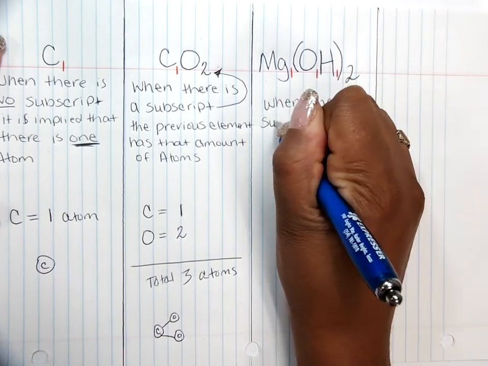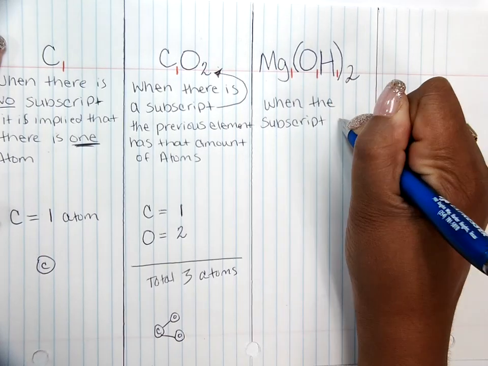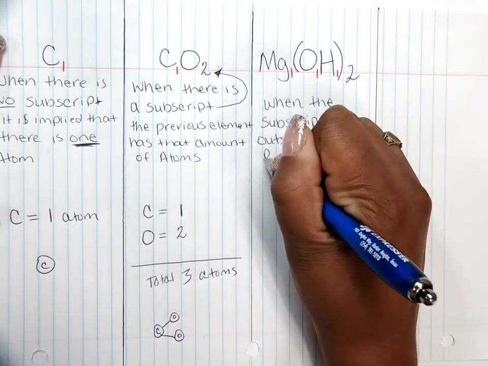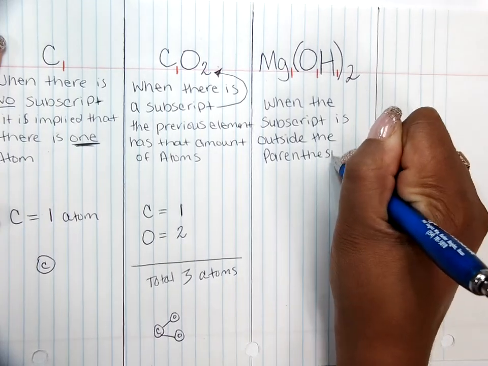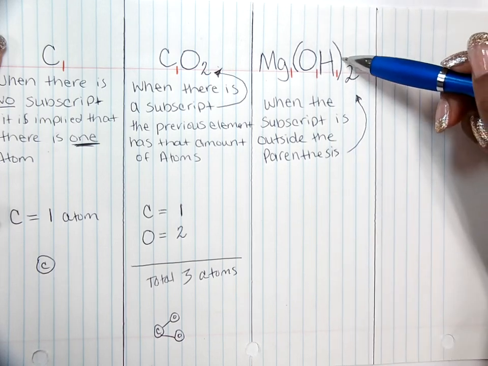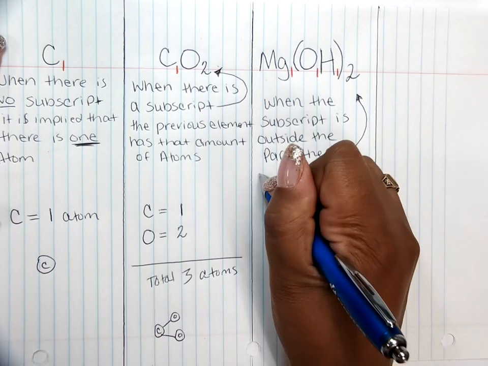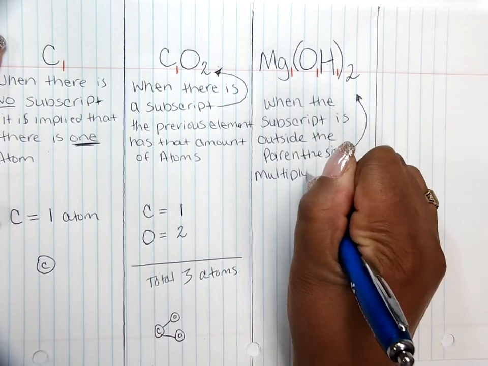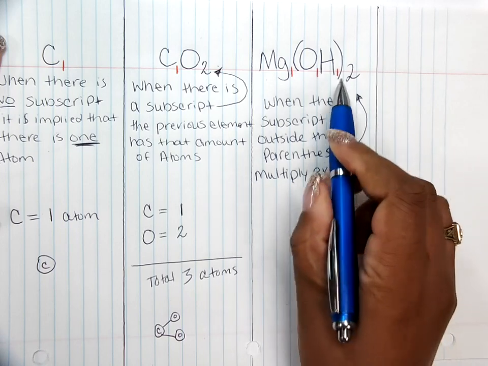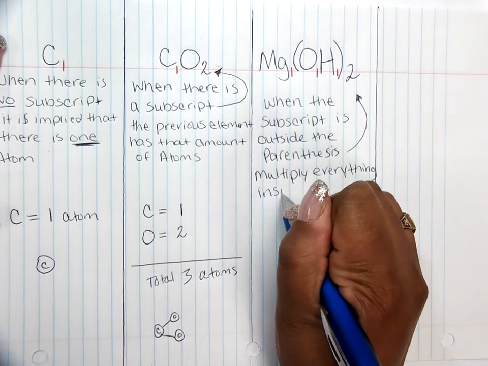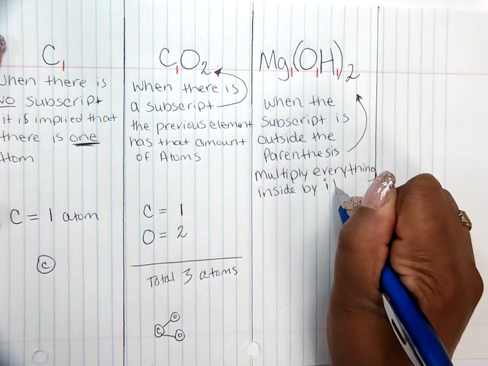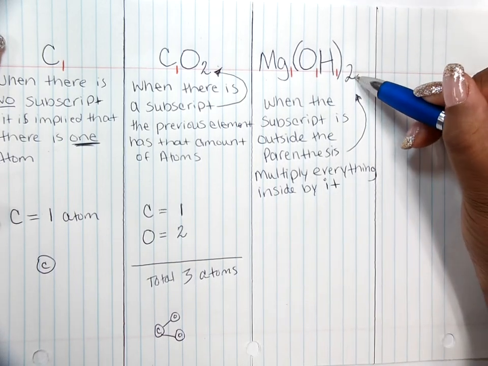When the subscript is outside the parentheses, multiply every subscript inside by it.